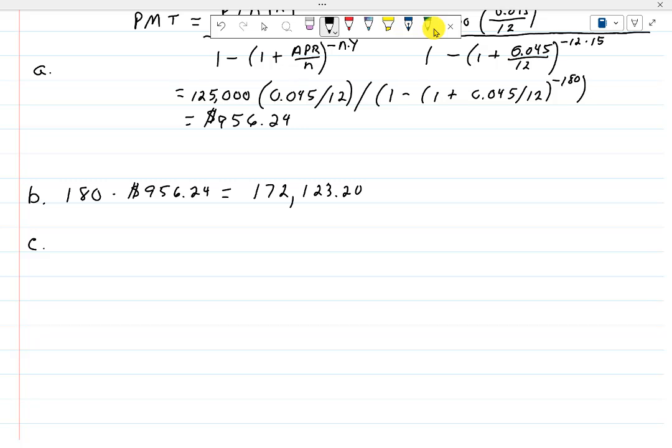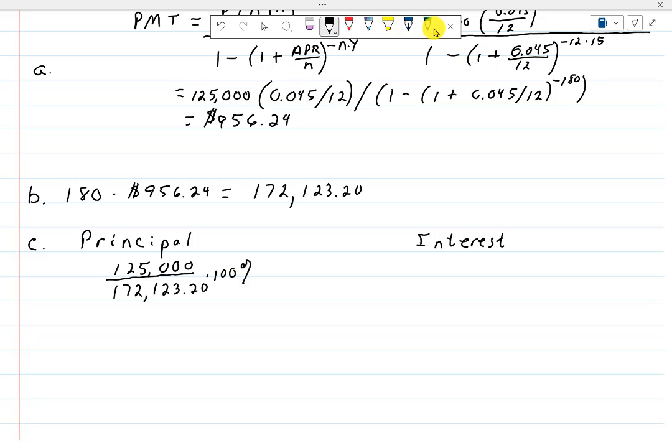Now this, as before, they're going to ask us what percent of our payments went into principal versus interest. So the principal is easy. The loan itself is 125,000. We paid 172,123.20.